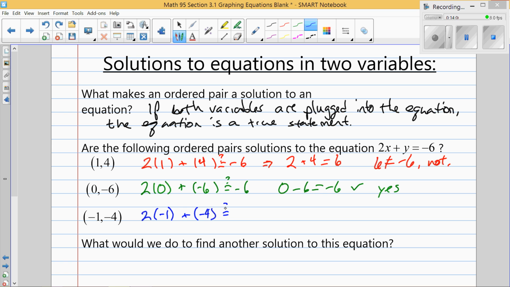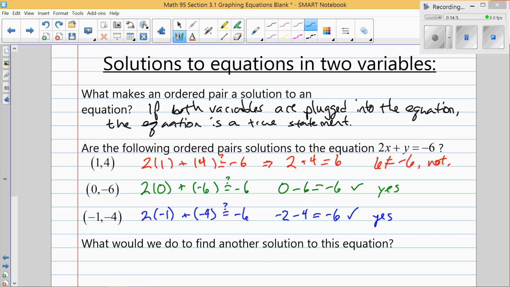Does that equal -6? Well, 2 times a -1 gives me a -2. Plus a -4 is a -6. That does in fact equal -6, so yes. Notice that there were 2 different ordered pair solutions to this equation. How many ordered pair solutions are there? This is a line, so there are infinitely many ordered pairs that are a solution to this equation.